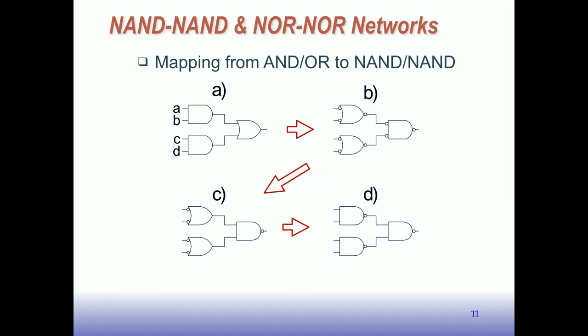And then likewise, we can replace that OR with this thing, which is an AND with inverted inputs and outputs. These two bubbles here cancel out because they're on the same signal line. So those go away, and we're left with this down here in C. And then we can move these bubbles through to the output. We get a single bubble at the output here, and that changes that into an AND type symbol. So we have NAND, NAND.